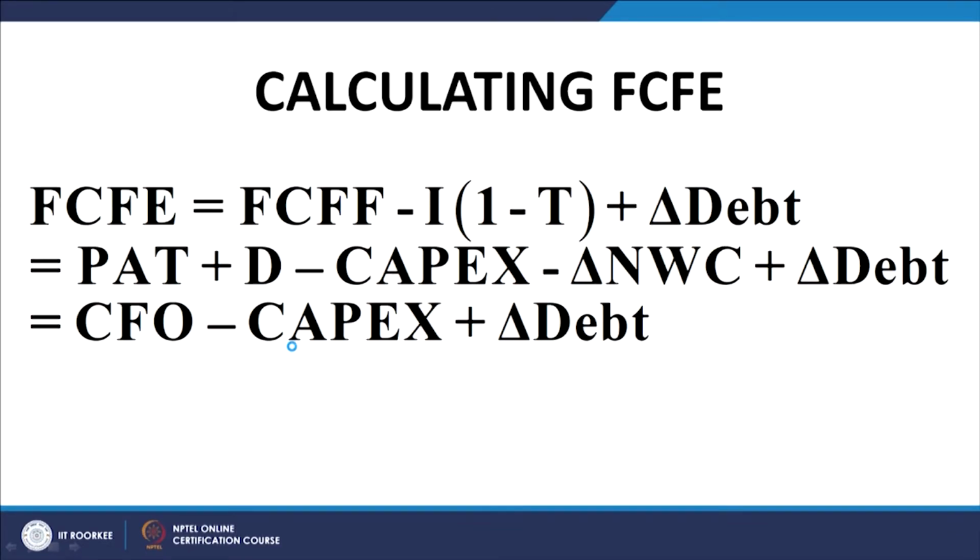Now, please note two things here. Number one, we are assuming that the preference shareholding is 0 for the moment. We keep it simple, we assume that there is no preference shareholding. Number two, earlier when we worked out the free cash flow to the firm, what were the stakeholders? The stakeholders were the long term lenders and the equity shareholders, assuming preference shareholding to be 0.